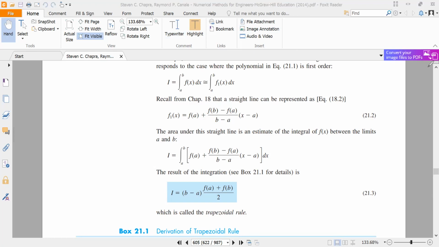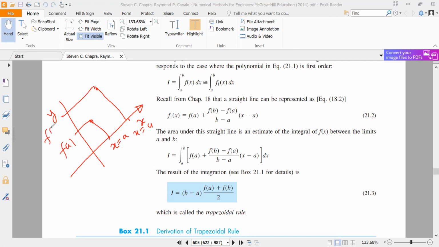In geometry, the x-axis is called abscissa and your y-axis is called ordinate, okay? So you see that if we have x equal to A there, x equal to B there, you have a function value there. This is your f(A), and you have a function value there. This is your f(B).